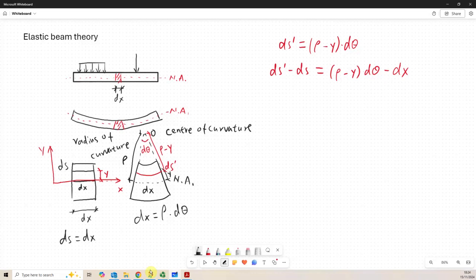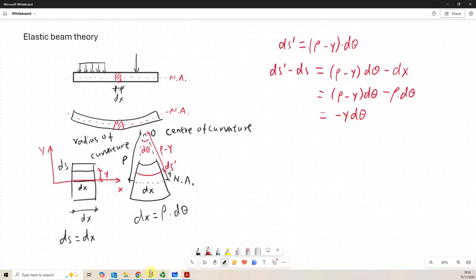So we can just plug in dx over here, and we have rho minus y d theta minus rho d theta. If we cancel these two, rho d theta, we have minus y d theta. So this is the change between ds prime and ds.